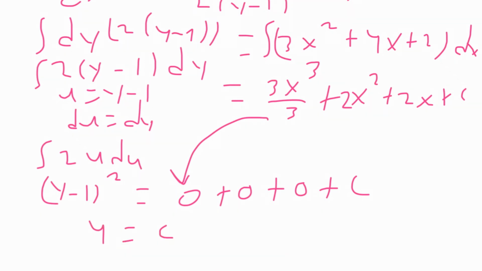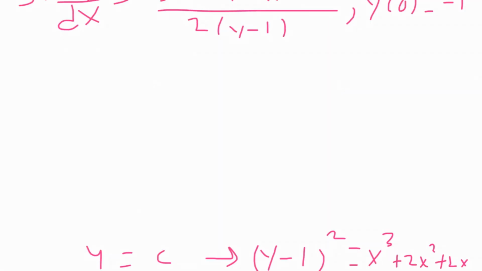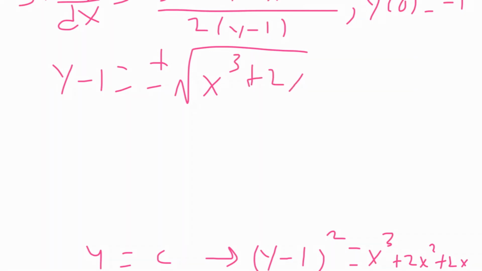So 4 is equal to c. Now we can rewrite the equation as (y minus 1) squared is equal to x cubed plus 2x squared plus 2x plus 4. Furthermore, we can take the square root, so we have y minus 1 is equal to plus or minus the square root of all of this, x cubed plus 2x squared plus 2x plus 4.